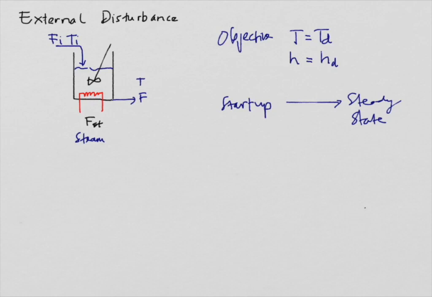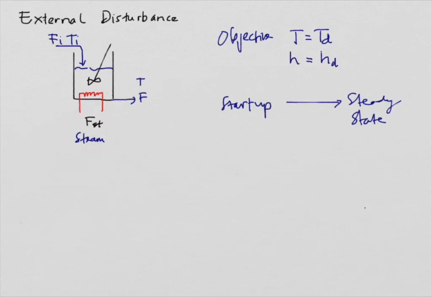In this condition, we need no control system. But in practice, we know that the flow rate of the input or the temperature of the input may change over time. This is a function of time, and so is the flow rate of steam. Maybe not all the time, but in some intervals of time, Fi and Ti or the flow rate of steam may change.